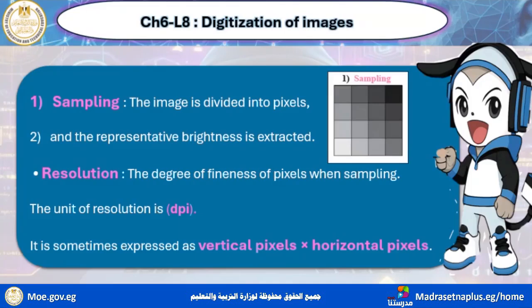So the first step, sampling, means to divide the image into pixels, and we see how the brightness is extracted from lighter to heavier. Then we multiply the horizontal pixels by vertical pixels to get the dpi, or the resolution of the image.